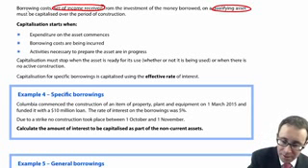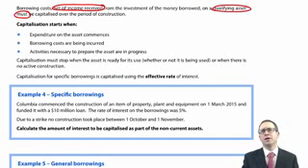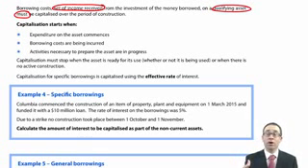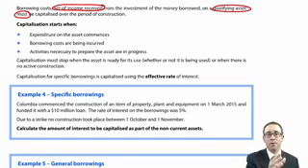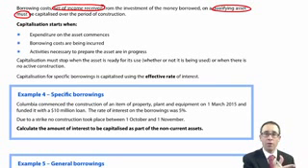And the key bit now is that it must be capitalised. So in the old days, you had the choice of whether or not you capitalised, which reduced the comparability between entities. If one entity capitalised the interest, they would have a higher value of the asset and therefore a higher depreciation charge, compared to a company that didn't capitalise the interest, which would have a lower depreciation charge but a higher interest expense.